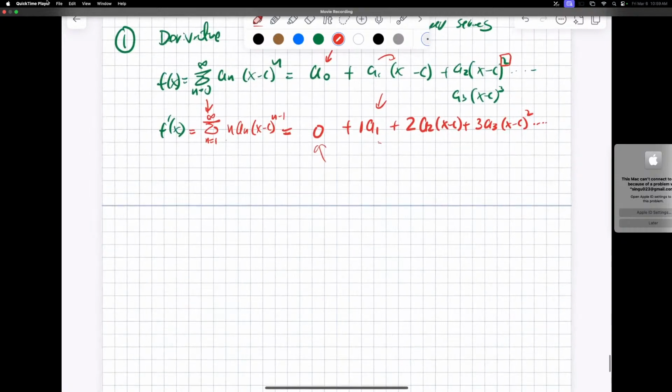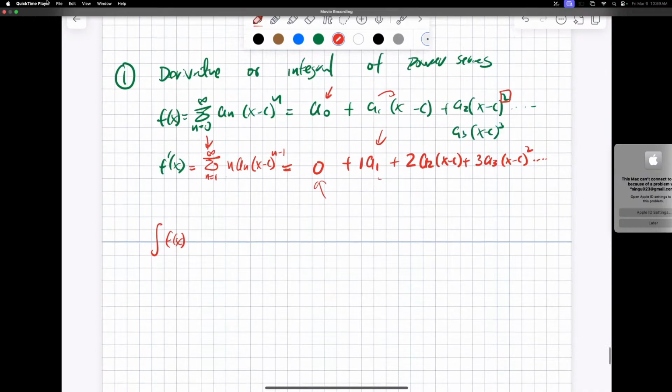Okay, now we can also take an integral. We can say, what's the integral of f of x? What's the integral of this term? A0 times (x minus c), not x, because the center is c, so it's x minus c. Is that okay?